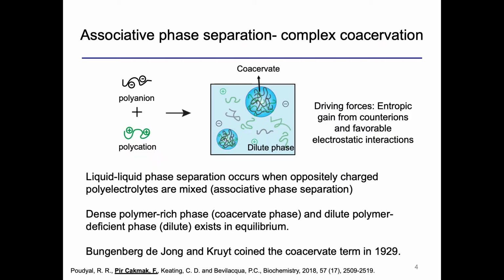I'm going to focus specifically on associative phase separation, known as complex coacervation. When you have negatively and positively charged molecules and you mix them at certain ratios, you will have condensed coacervate droplets, with most of your molecules condensed in this droplet phase, and you will have a polymer-deficient continuous phase.